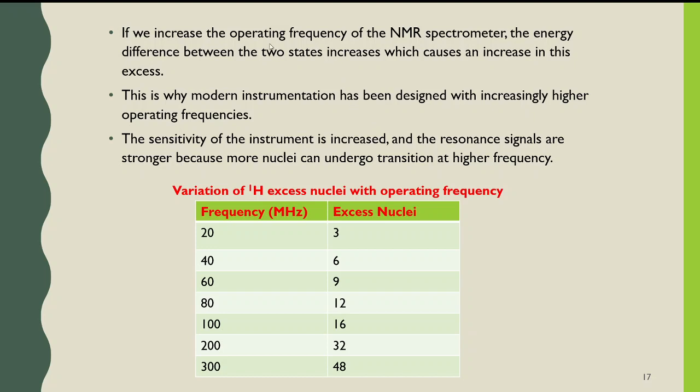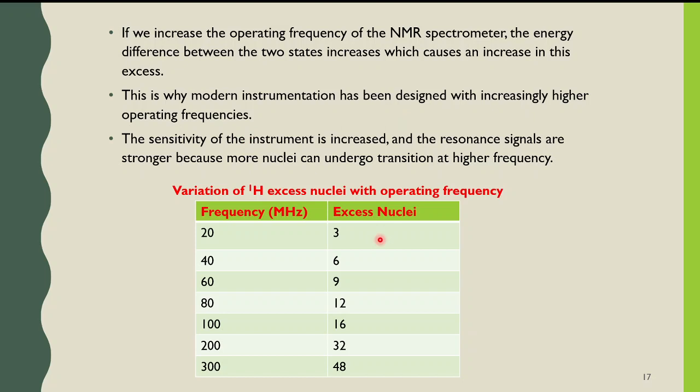So that's why, if you increase the strength of the magnetic field of the spectrometer, you will see that the excess nuclei actually increase.